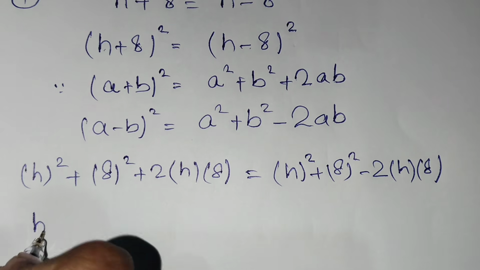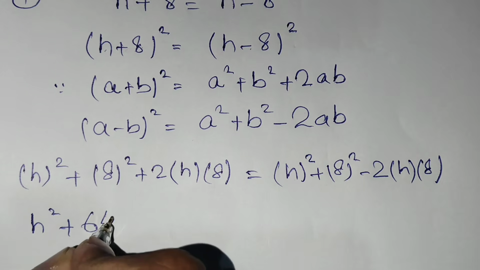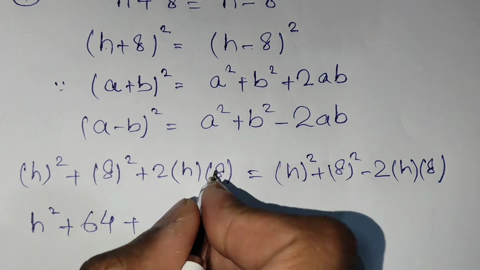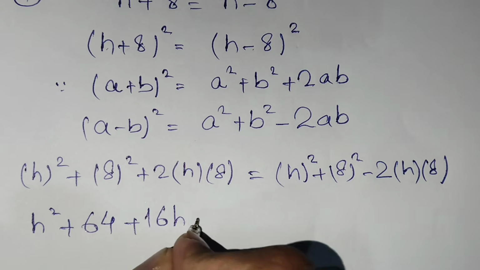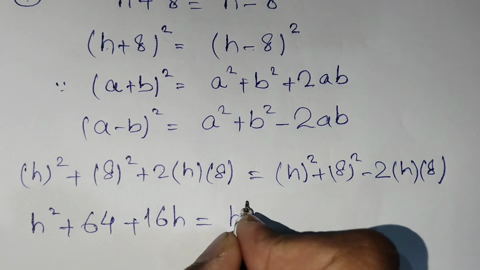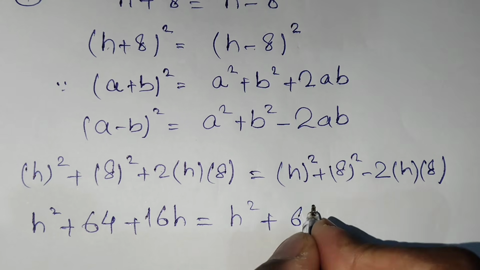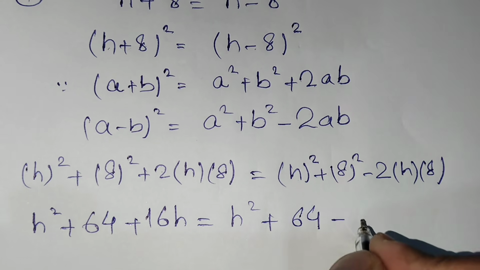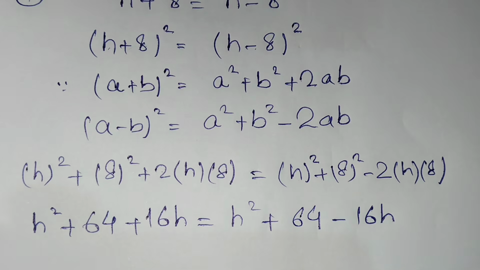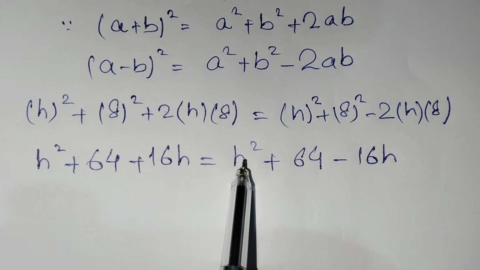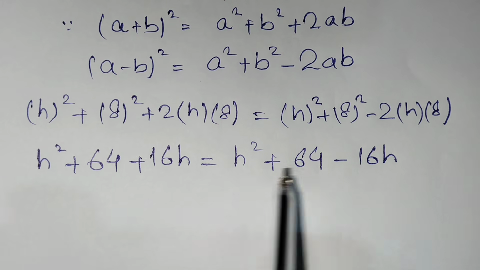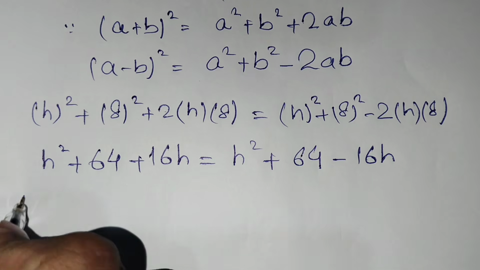We have h square plus 64 plus 2 into 8, which is 16h, is equal to h square plus 64 minus 16h.